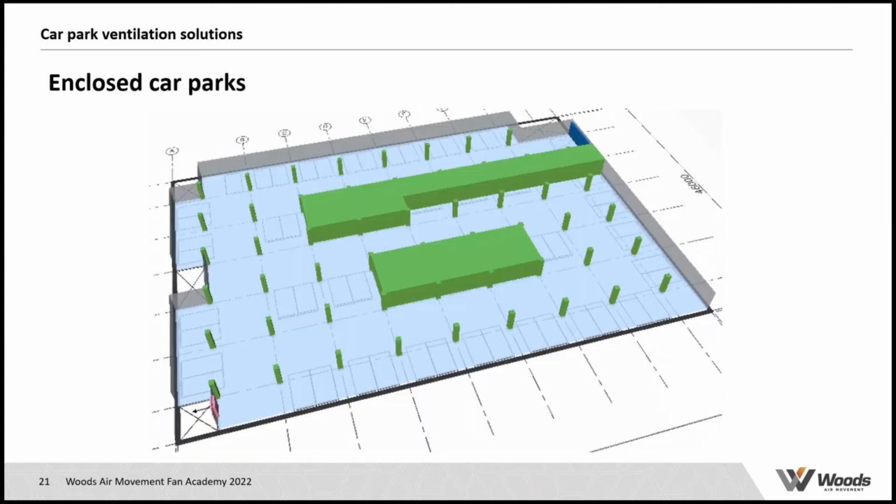Now, we could obviously say, okay, let's forget about the ductwork and put a single point of extract in this car park, which on this image is in the lower left corner.